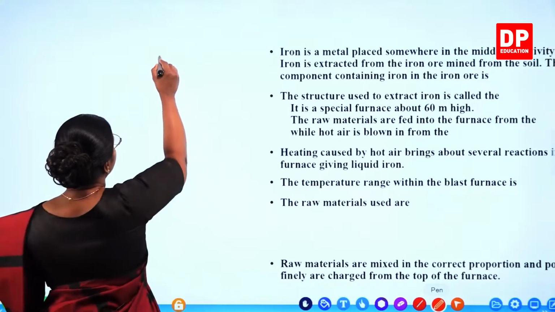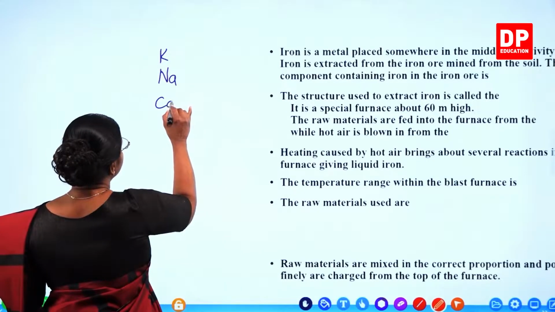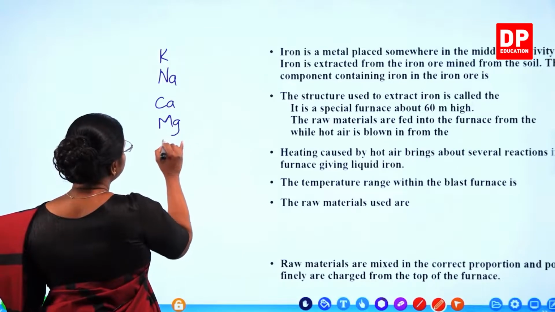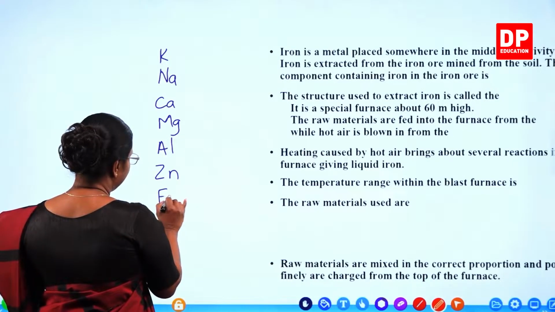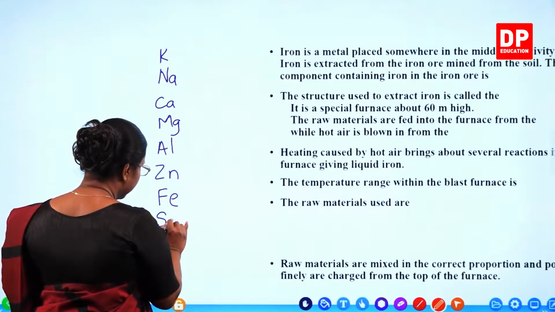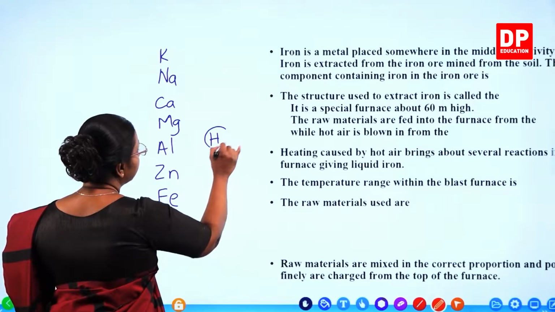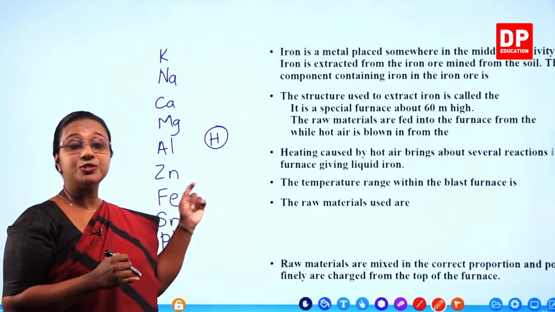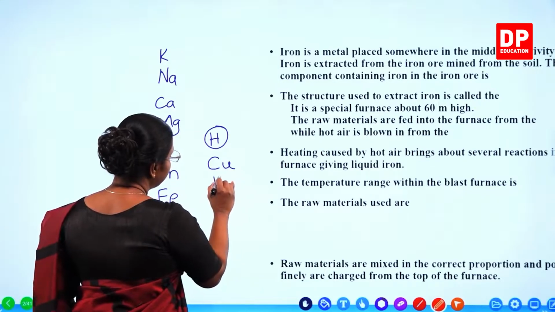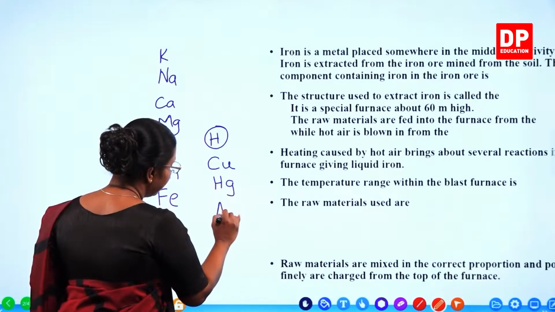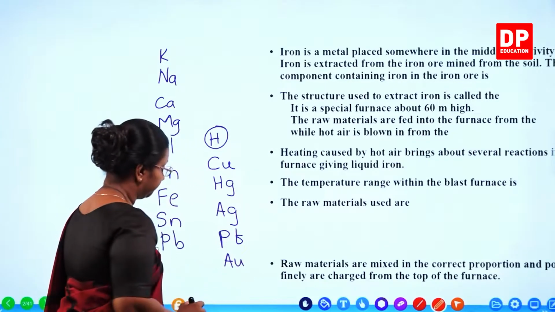It starts with potassium, then sodium, calcium, magnesium, aluminium, zinc, then we have iron, tin, lead, and thereafter for the purpose of comparison we use hydrogen, and after hydrogen we have copper, mercury, silver, platinum and gold.